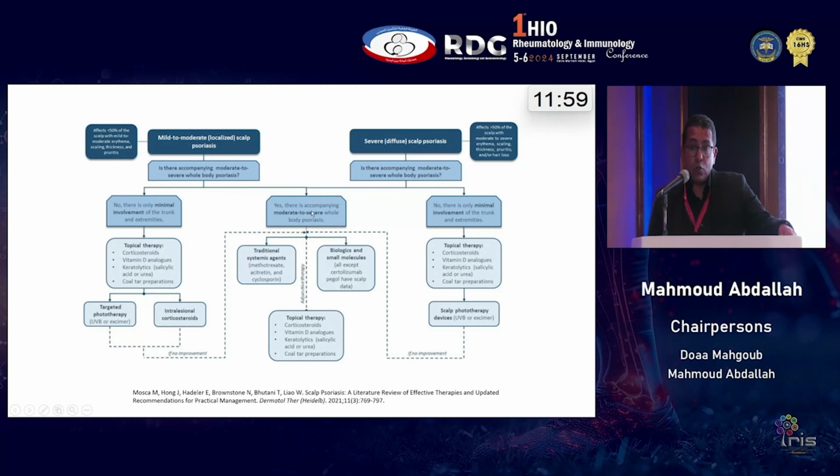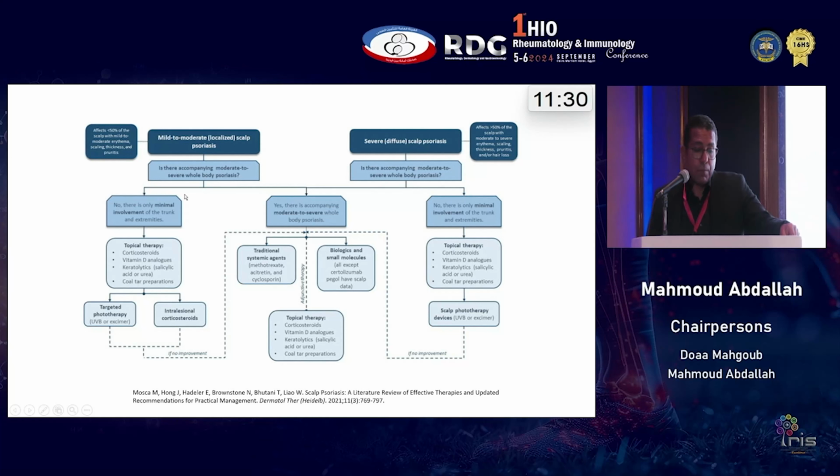If you have moderate to severe psoriasis in other sites, we have to go for systemic therapies from the beginning, including the traditional systemic agents and the biologics and small molecules. For traditional systemic agents, the rule is what works for the glabrous skin works for the scalp as well. However, we don't have enough data about the success of traditional systemic therapies in scalp psoriasis.